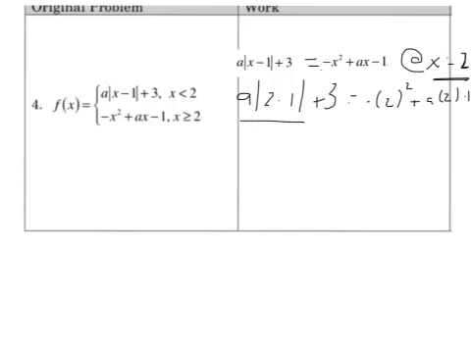This a times the absolute value of 2 minus 1 is just a, plus 3. Over here we've got a negative 4 plus 2a minus 1. I'm going to subtract a, so we've got an a over here. If I add the negative 4 and negative 1, I get negative 5. I add it across, I get a equals 8.